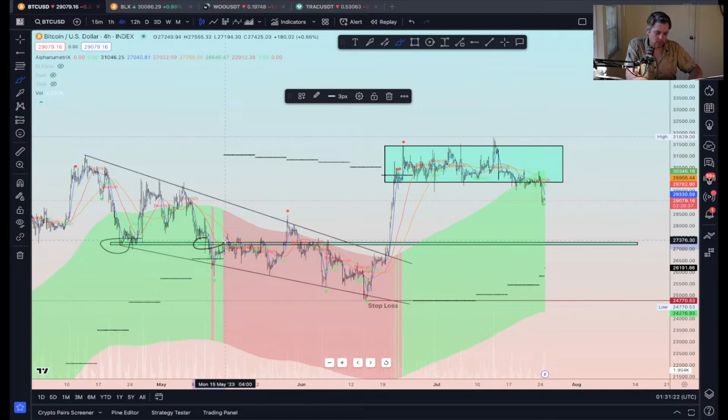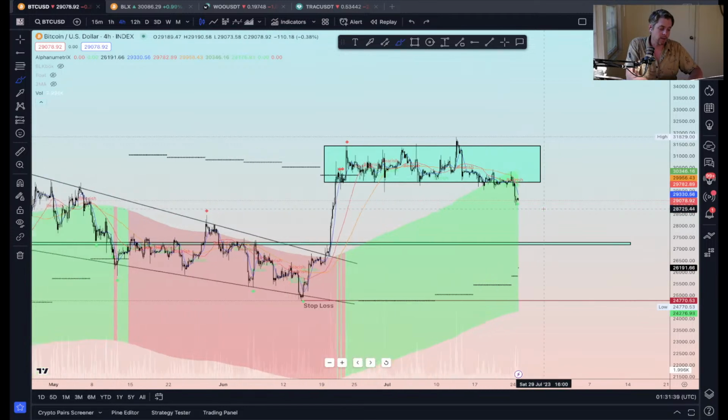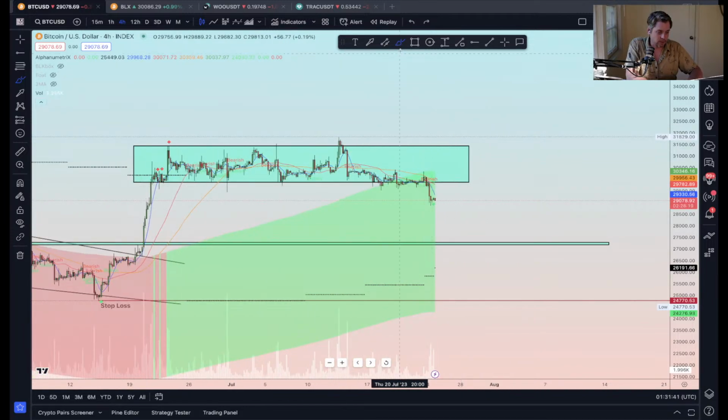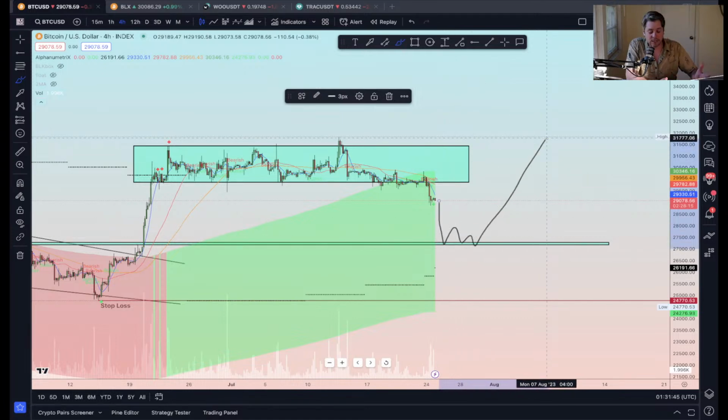We held it as support, got trapped as resistance, resistance, resistance, and that was the area of the breakout. So this area right here at around $27,000 is a very important support level for the price of Bitcoin right now. And it is plausible that we could come down and visit those levels. So we could be looking at something like this and then potentially upside.